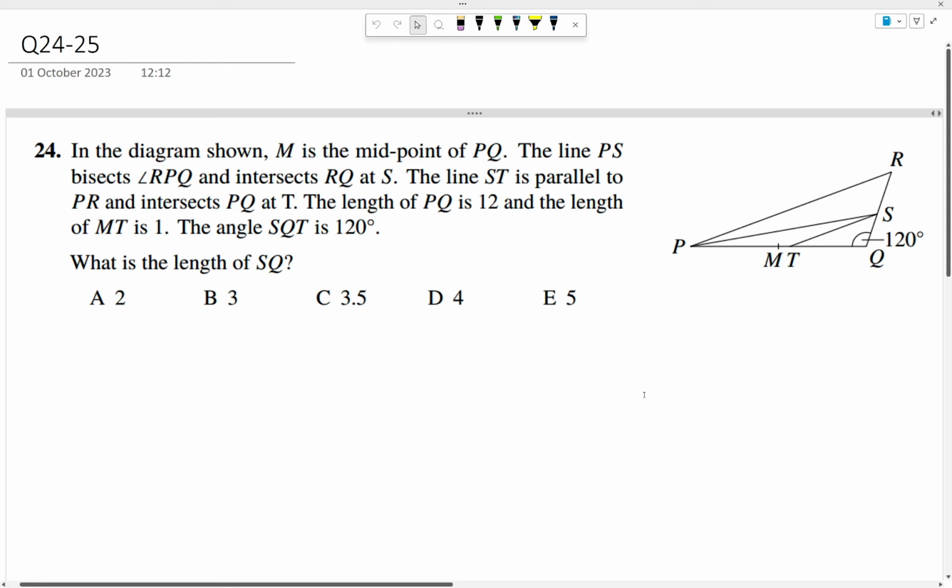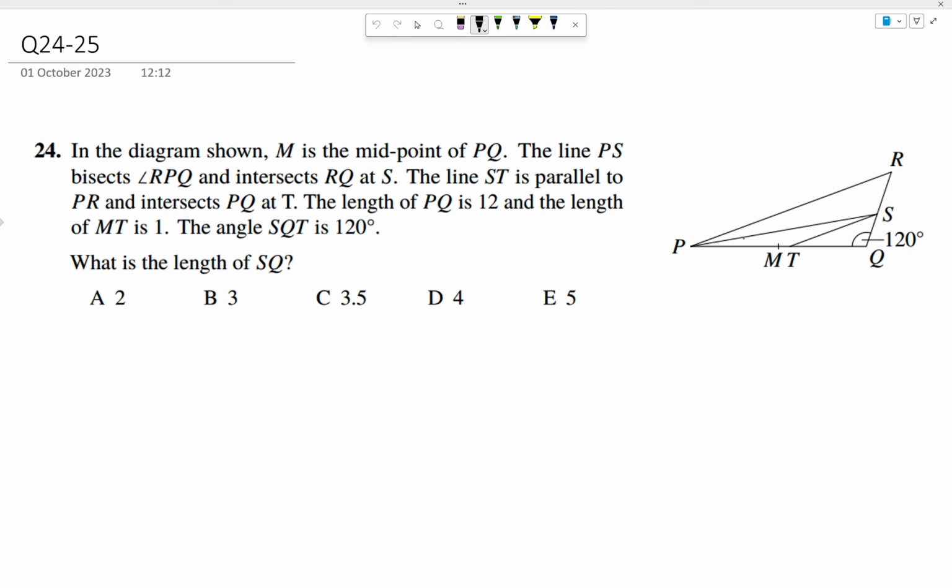The line PS bisects angle RQP, so this angle is equal to this angle, and intersects RQ at S. The line ST is parallel to PR and intersects PQ at T. Okay, and the length of PQ is 12 and the length of MT is 1. So I'm going to just label those on, 1 and 12. So we're trying to find the length of SQ.